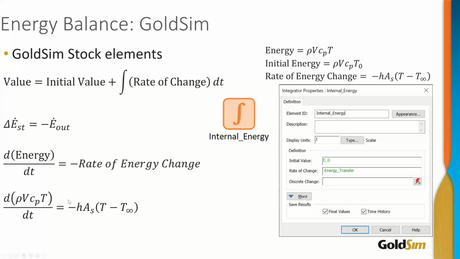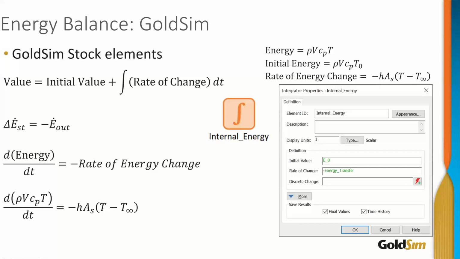In the simple model, it was convective heat transfer, so we put our convective heat transfer in the rate of change. Our initial energy depends on the initial temperature, and then we multiply it by the thermal mass capacity, the mass times the specific heat, and we have our initial energy.